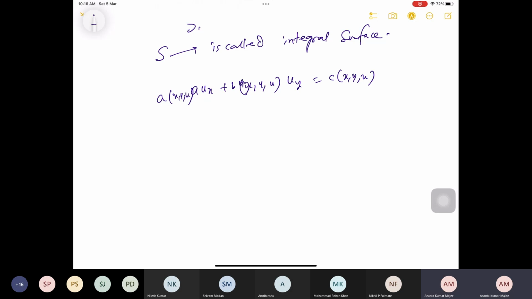To find a solution to this PDE, we need to find a surface z is equal to u of x, y such that my vector field v of x, y, z, which is a, b, and c, should lie on the tangent plane to the surface S.